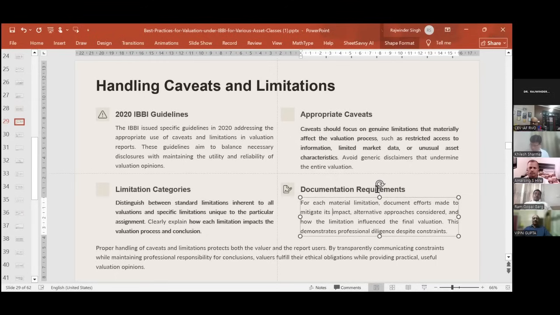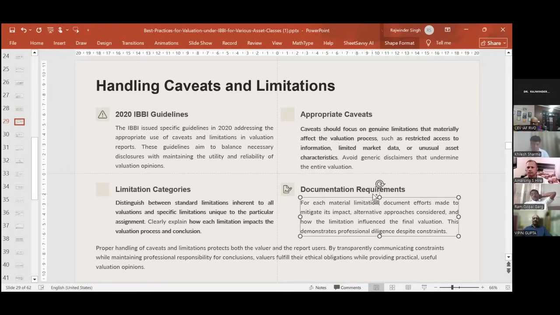So this thing is very important while you are mentioning caveats and limitations. It is not only that you have to mention certain caveats, limitations, and disclosures, but you have to mention how these things may affect the value conclusion. That is also important.